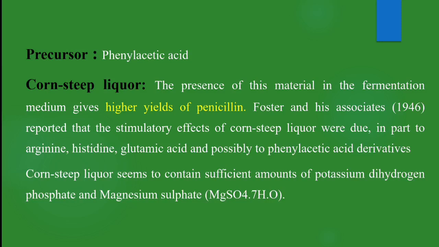Corn steep liquor. According to Meyer and Gogel, the presence of this material in the fermentation medium gives higher yields of penicillin. Foster and his associates reported that the stimulatory effects of corn steep liquor were due in part to arginine, histidine, glutamic acid, and possibly to phenylacetic acid derivatives.